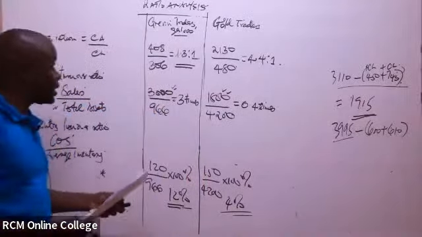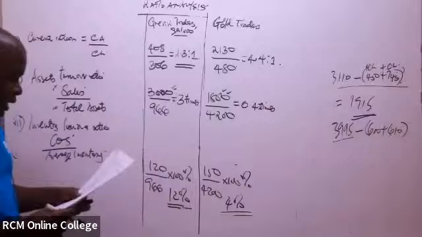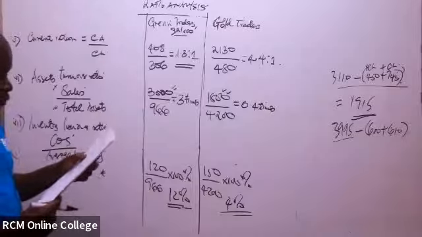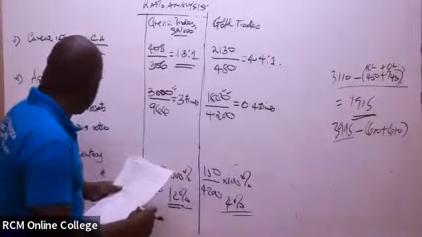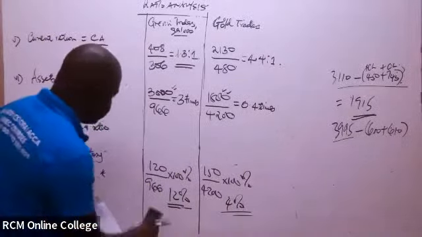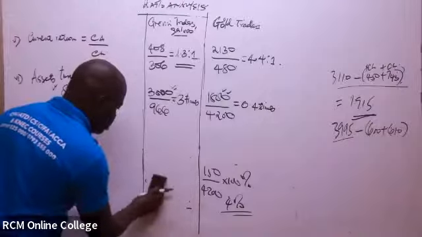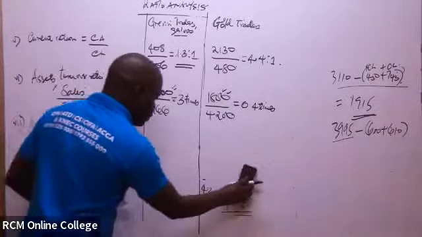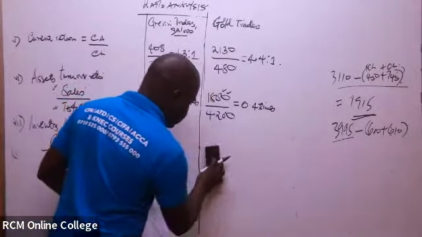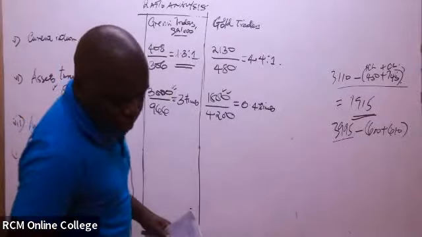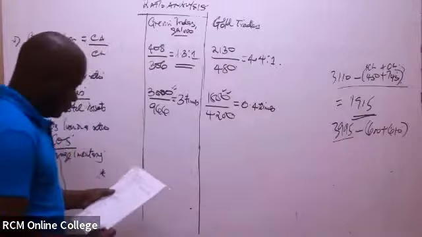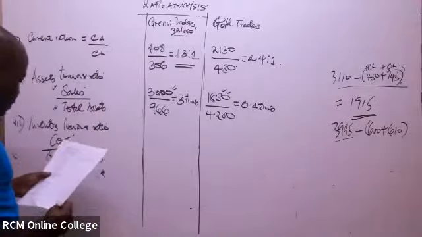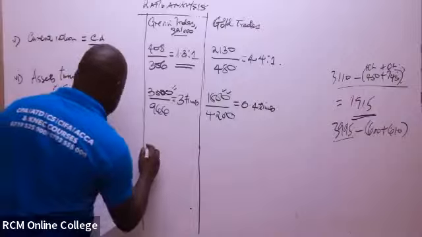For Green Traders, the cost of sales is 2,400, as you can see in the income statement.